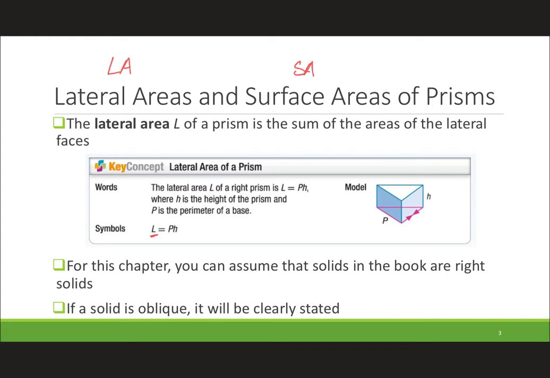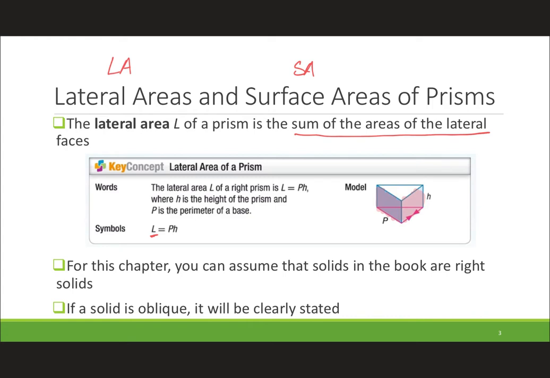Now, the lateral area of a prism is the sum of all the areas of the lateral faces. So imagine if you were going to color the sides of a box, but not the top and bottom. So you would color this piece, you would color this piece, and then you would color that back piece. But you would leave the top and the bottom uncolored. The parts that we colored are the lateral faces, and therefore that is the lateral area.